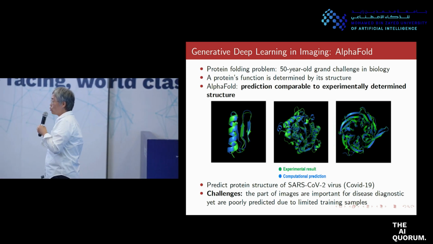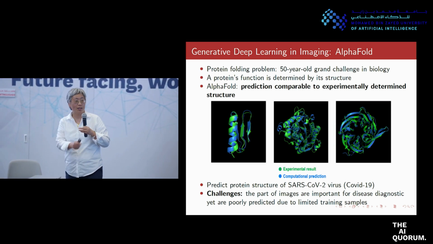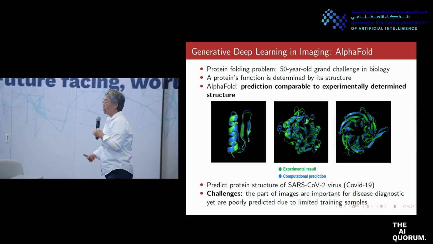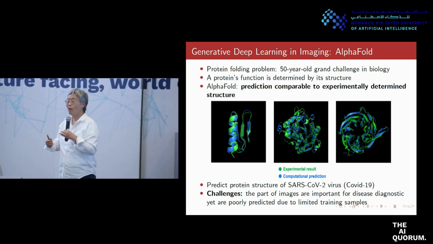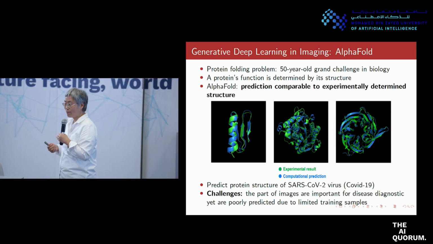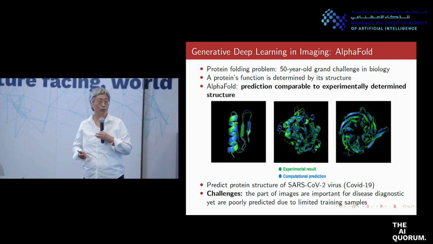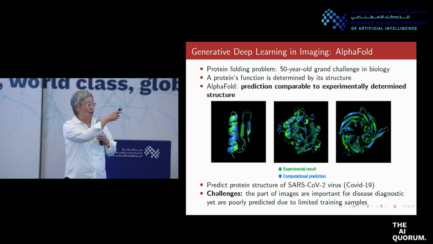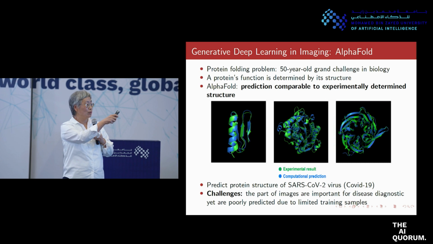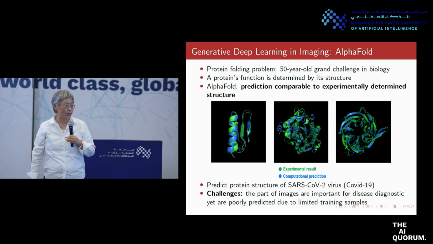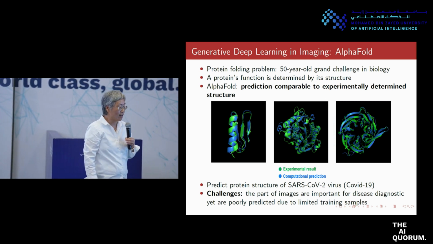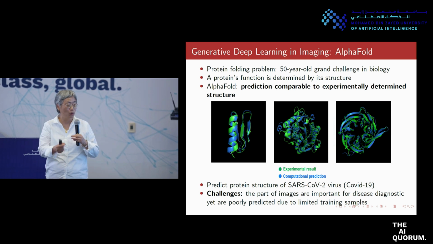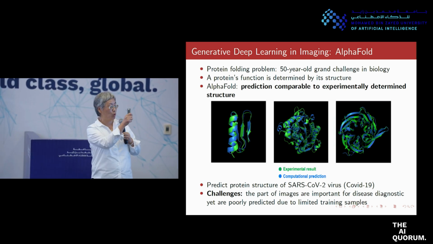Now, when I give a short course about deep learning, this example is always the most successful story. Talk about how successful deep learning is using AlphaFold, okay? Now, this is the red, the green and the blue. The green is the experimental result, and the blue one is computational using AlphaFold that can predict pretty well.